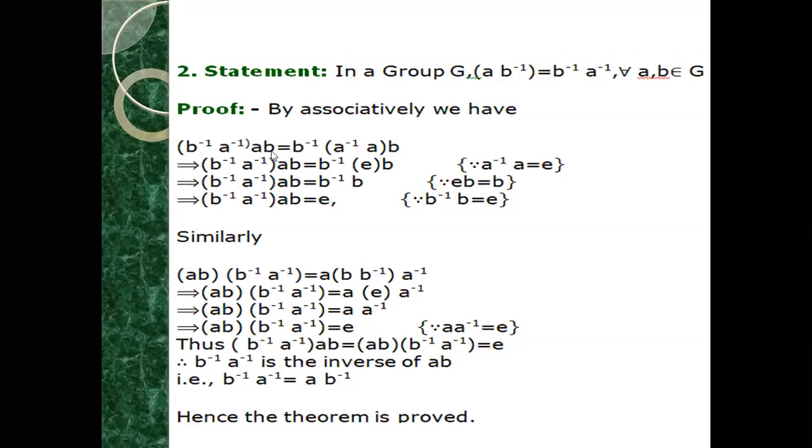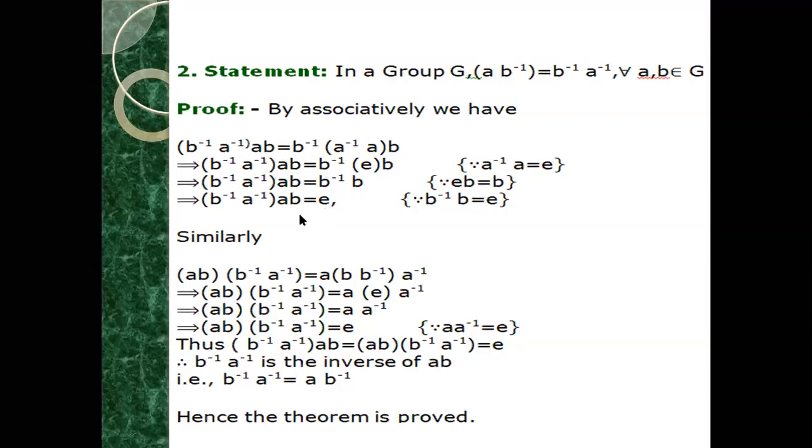B inverse into A inverse A into B. So the left side will be the same. So B inverse A inverse A is equal to E. So B inverse EB value is equal to B by identity law. So B inverse B is equal to E.